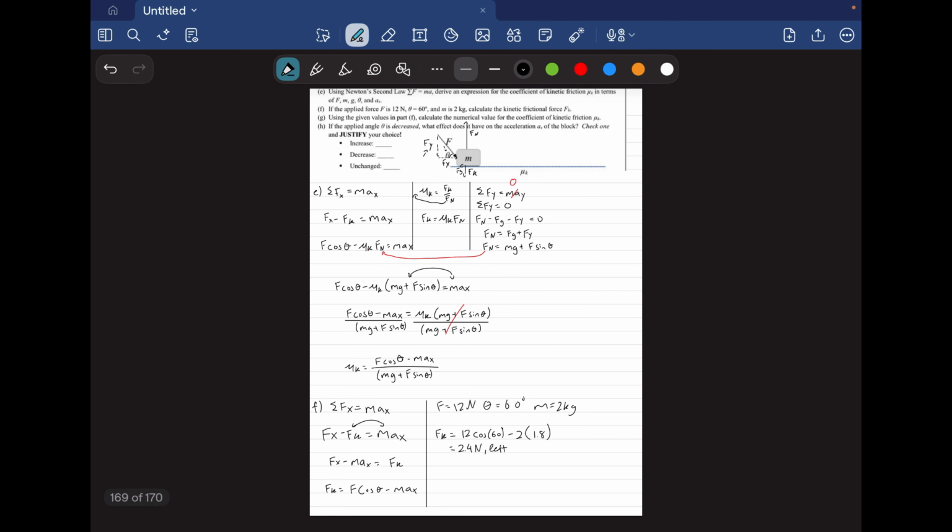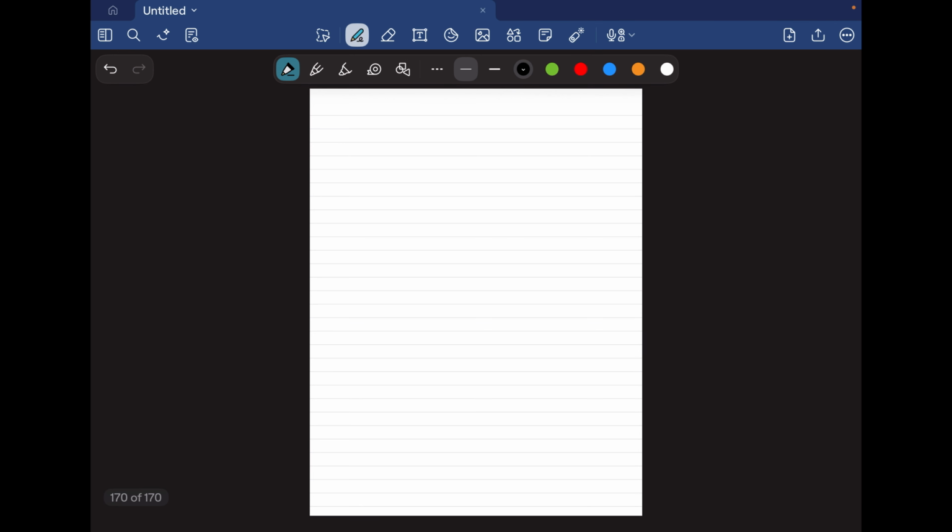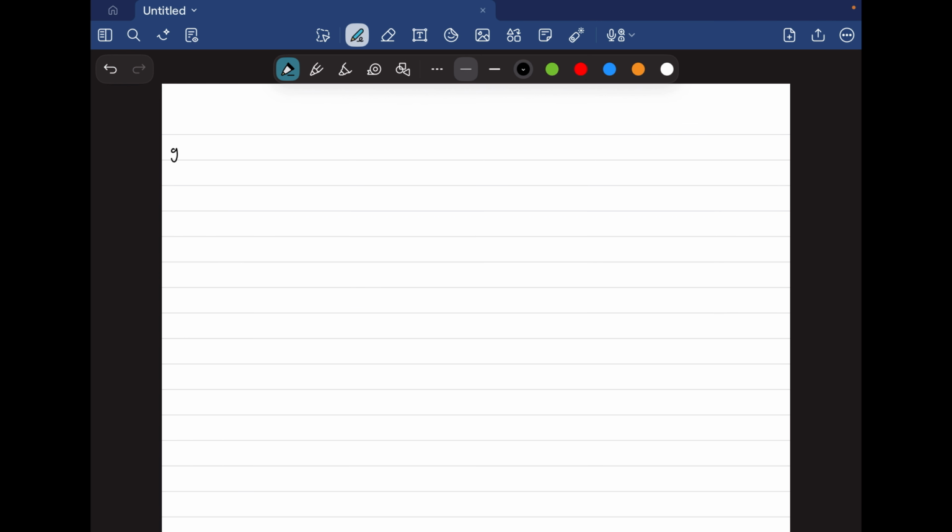For part G, it wants us to calculate mu k. So we know that mu k is equal to Fk over Fn, right?